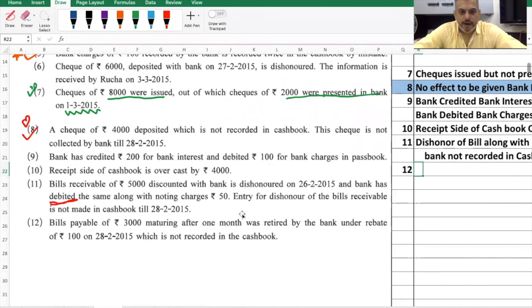Bills payable. Now यहाँ पे it is bills payable, यानी जो पैसा हमको किसी को देना था, एक piece of paper के सामने, जहां हमने sign किया था कि yes, we will pay after 2 months.